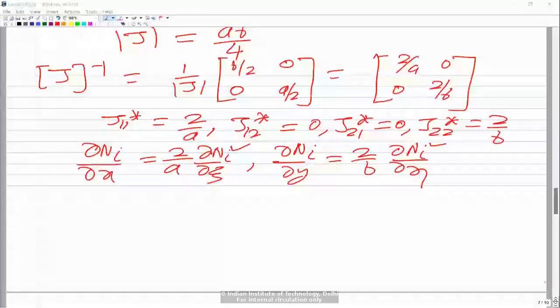So I just wanted to give an example of how we calculate the Jacobian matrix and then its inverse and the derivatives of the shape functions. The next thing I want to talk about is numerical integration.